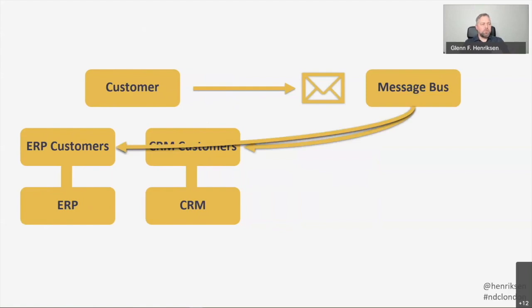So both the ERP and the CRM customer services are interested in customer updates. They'll get their updates delivered, and then they will update further down as needed. We can also send updates to different systems that are not our backend system to let them know what happened, which can be a powerful addition to an API system, having some kind of event-driven bus that various systems can connect into.